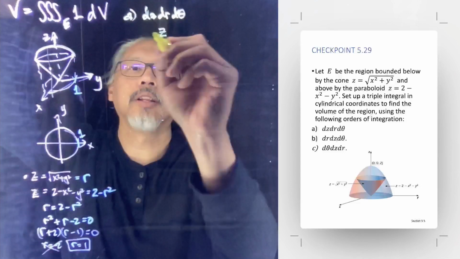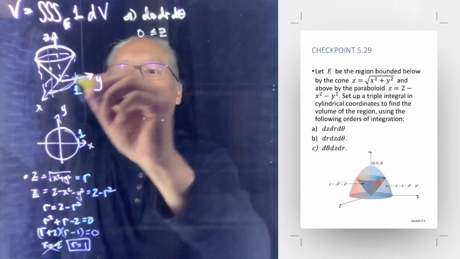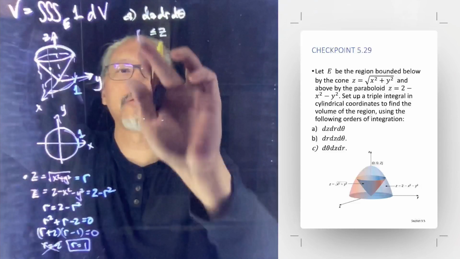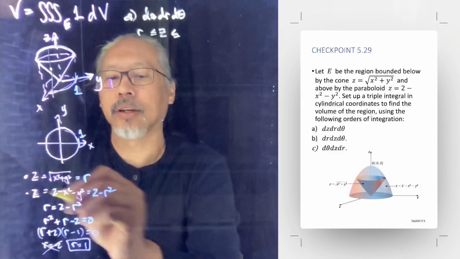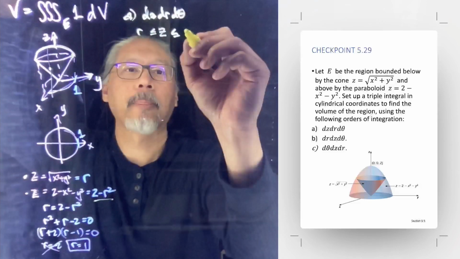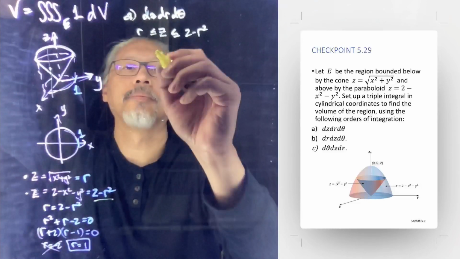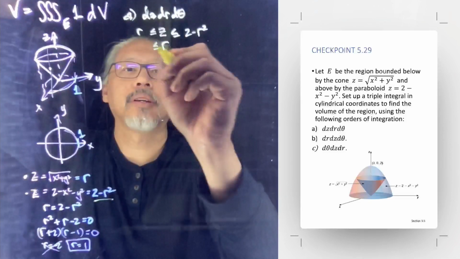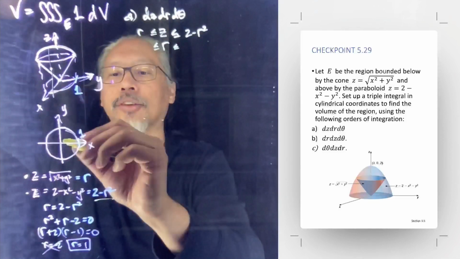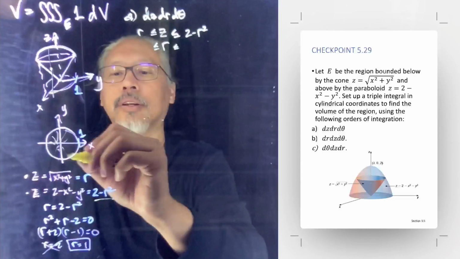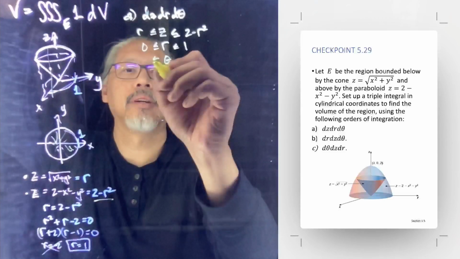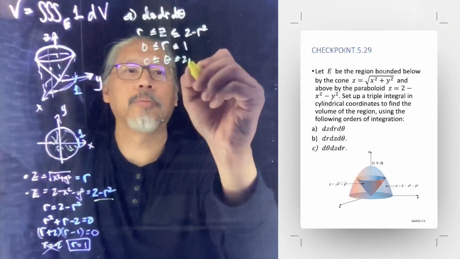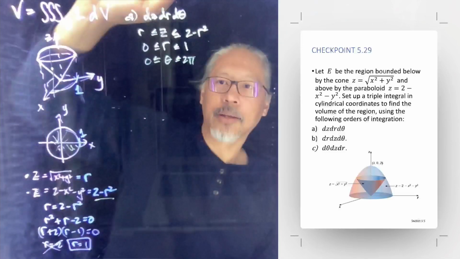And so our z limits will go from the cone itself, so that's r, to the paraboloid, 2 minus r squared. For the r limits, we look at the shadow on the xy plane. The r limits here are going to go from 0 to 1, and our theta limits go from 0 to 2 pi.